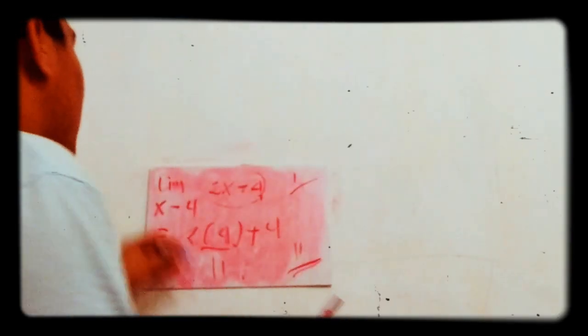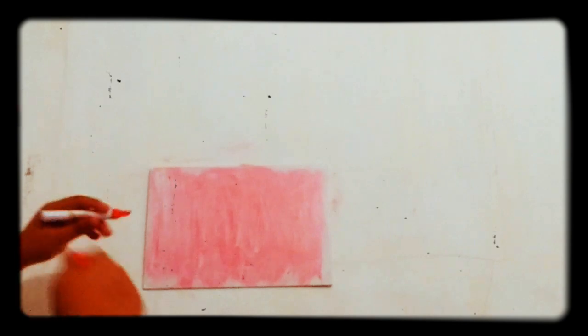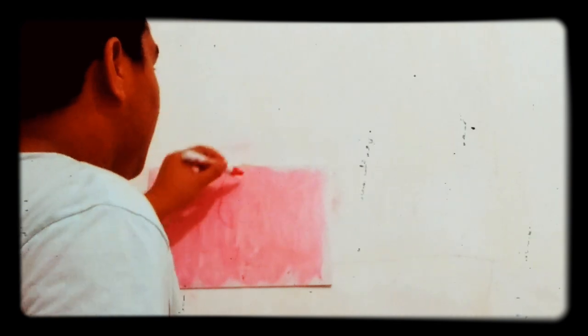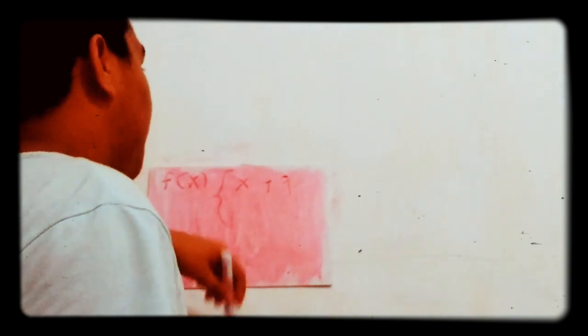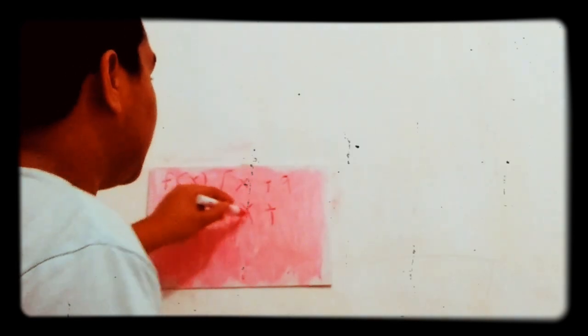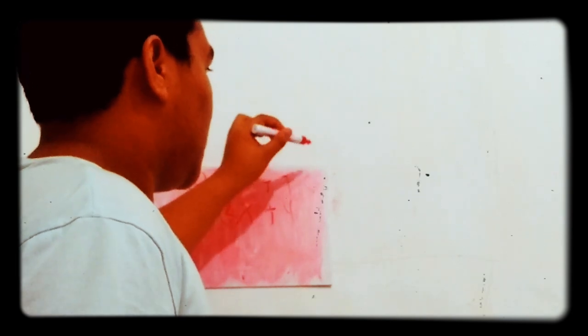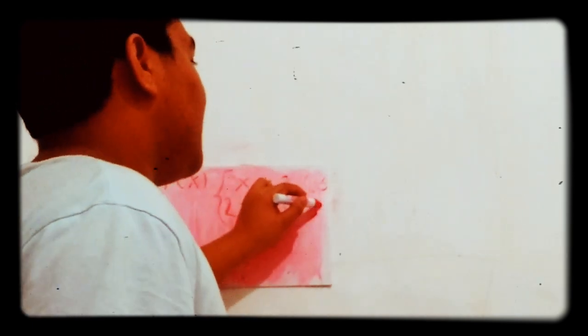So, another example. Did you hear about piecewise? A piecewise function here, f of x: x plus 9 if x is less than 3, and 2x plus 4 if x is greater than 3.